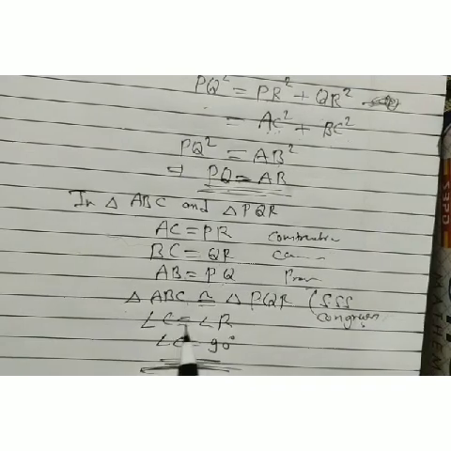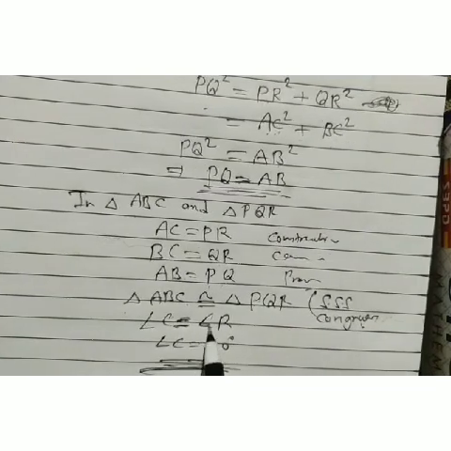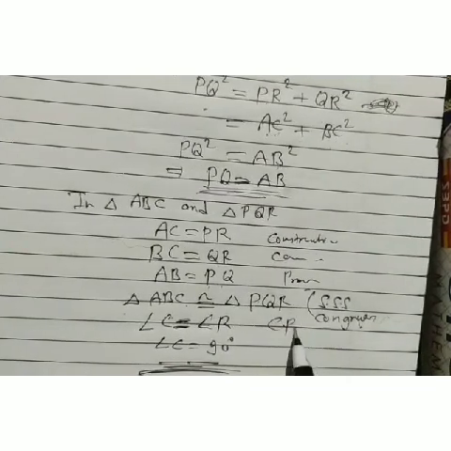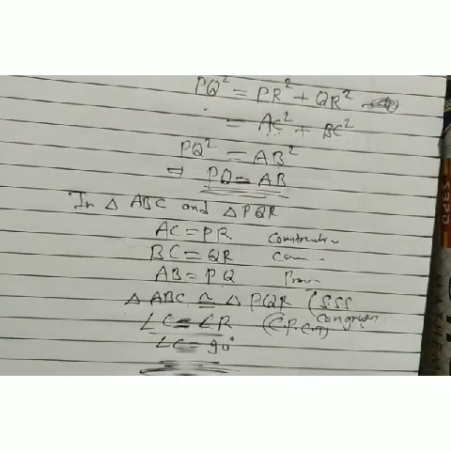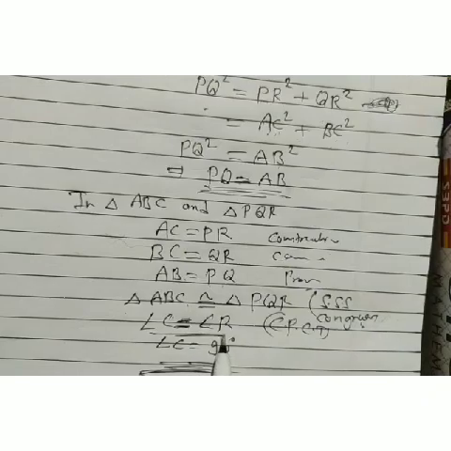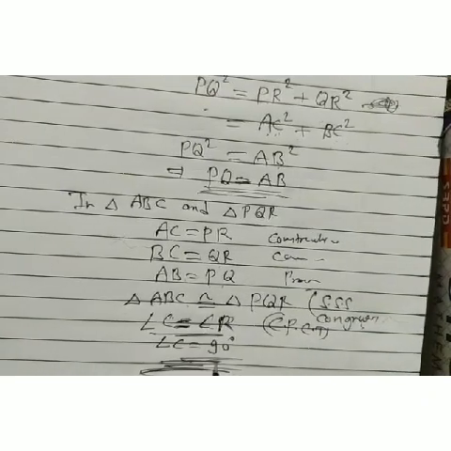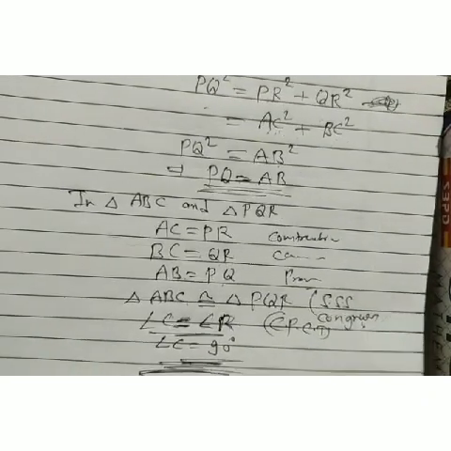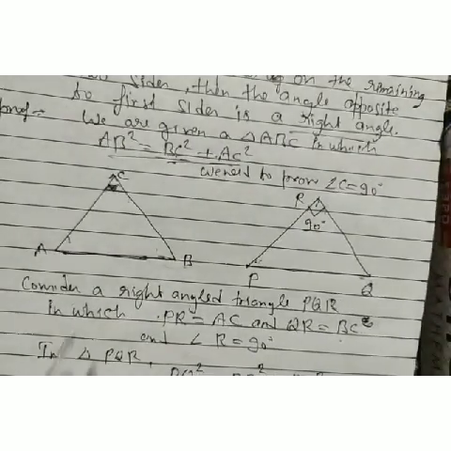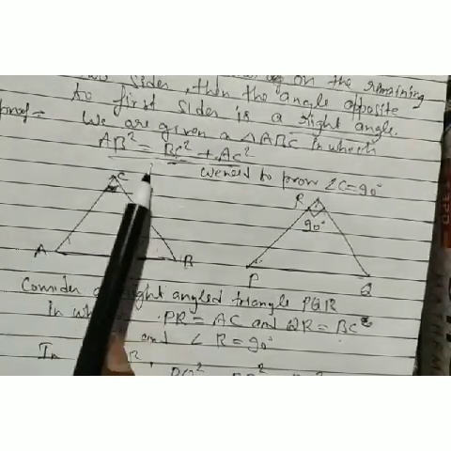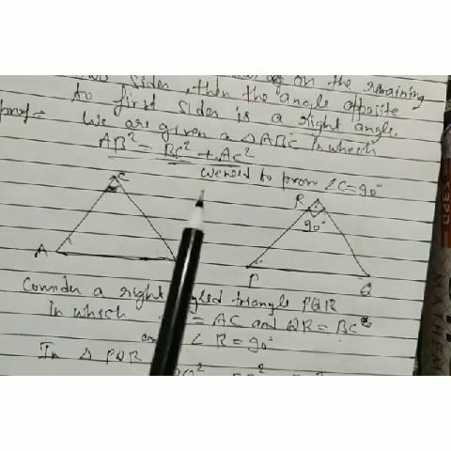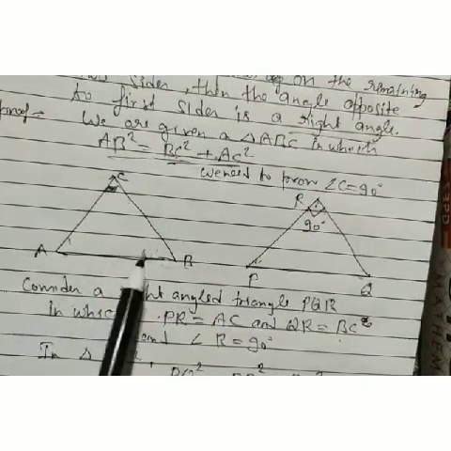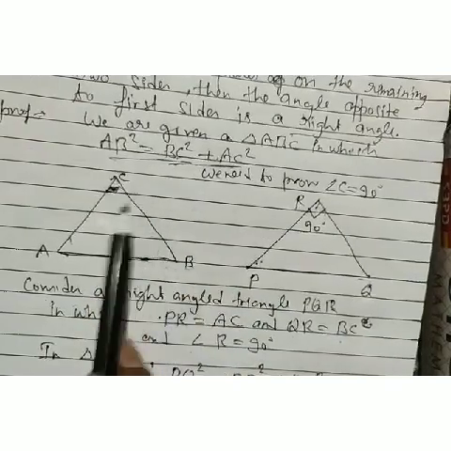Then by using CPCT, corresponding parts of congruent triangles, we get angle C equal to angle R. But the value of angle R is 90 degrees. Hence, we prove that in a triangle, if the square of one side is equal to the sum of the squares on the other two sides, then the angle opposite to the first side is a right angle.